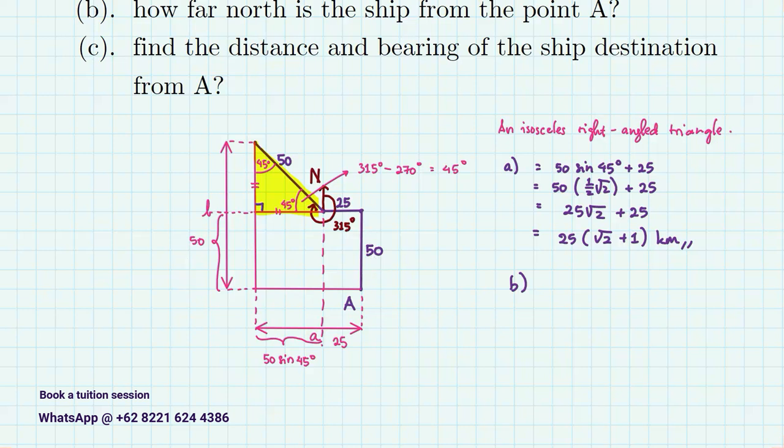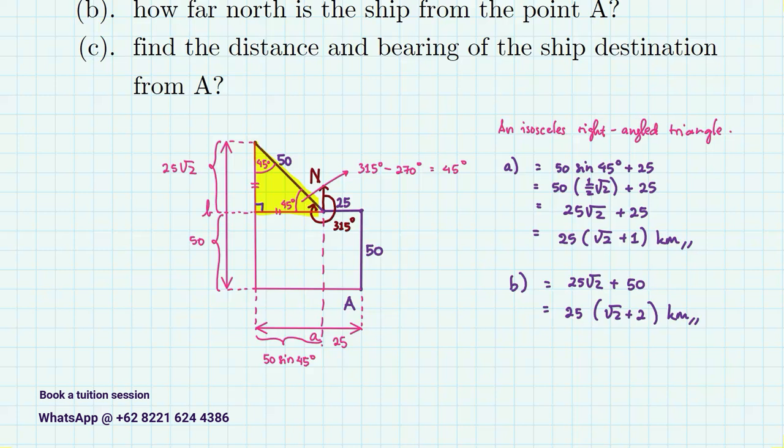And then for the top part of B, since this is the same length as this, we're gonna have the same value, which is 25 square root of 2. It is equal to 25 square root of 2 plus 50. If we factorize the 25, that becomes 25 times square root of 2 plus 2 kilometer.